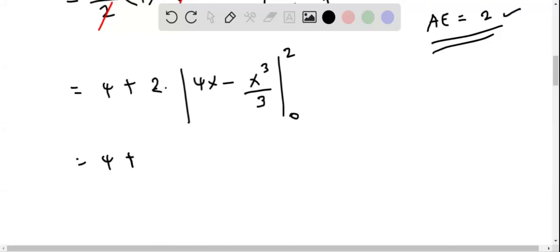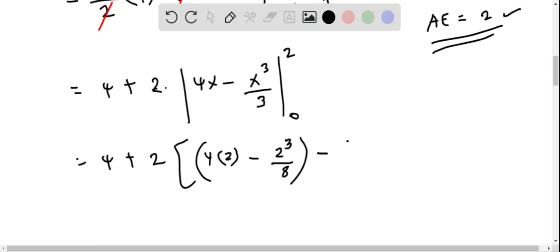So let's simplify this. This is 4 we have, and 2 times, we put the upper limit, that is 4 times 2 minus 2 cube by 3, and then subtract the lower limit. So it is 4 times 0 minus 0 cube by 3.